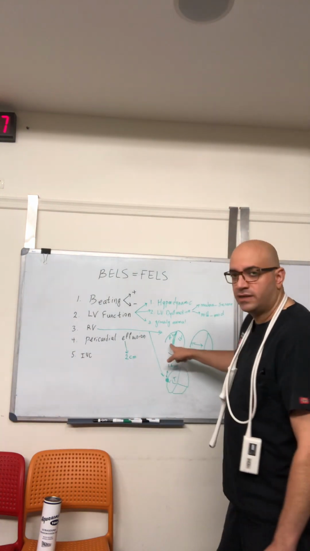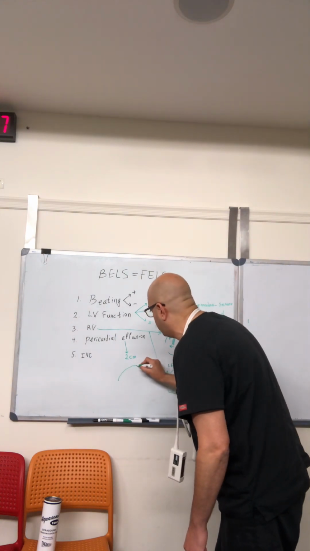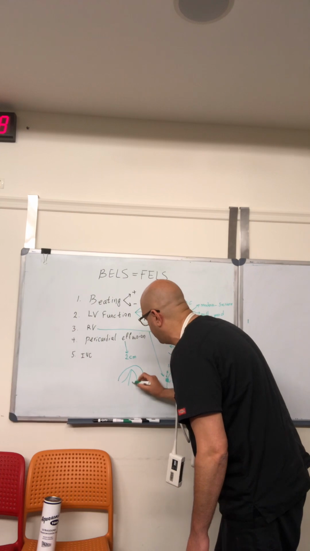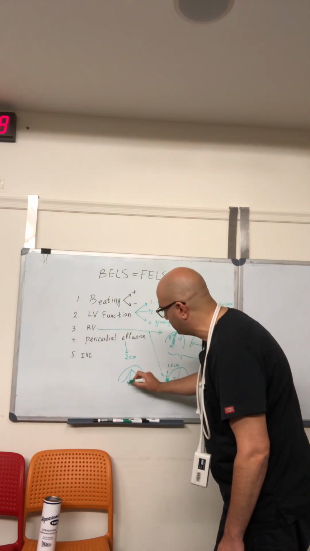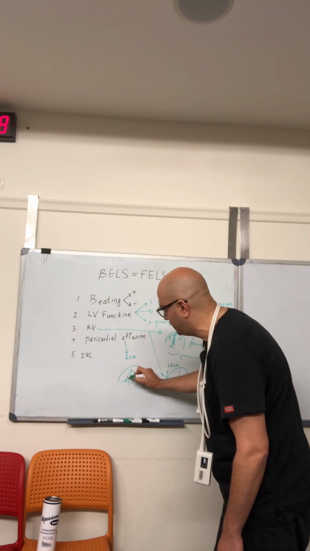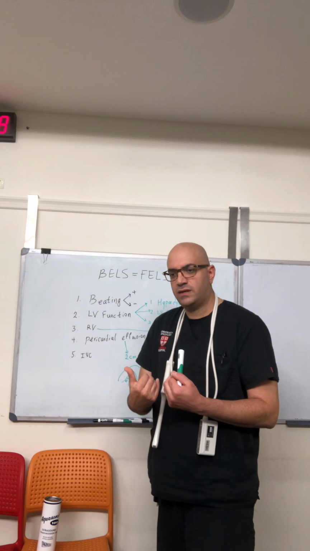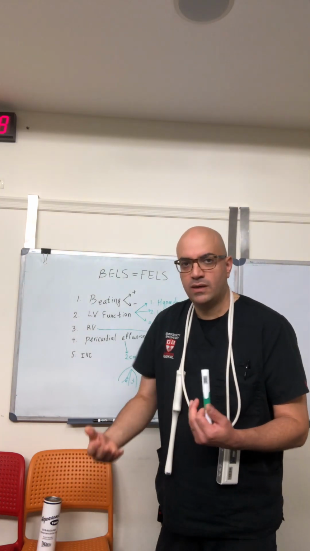Why? Because as I told you, RV is a low pressure system. So if you've got an effusion there, and that's your RV, and that's LV. LV has high pressure, so it doesn't collapse, but RV is a low pressure system. It can collapse. So the heart is not receiving fluids, hence cannot produce output.